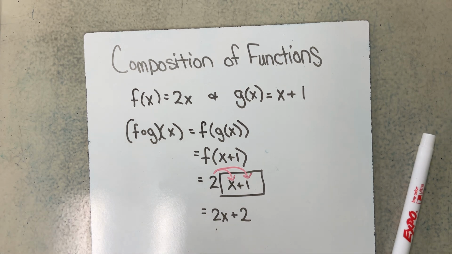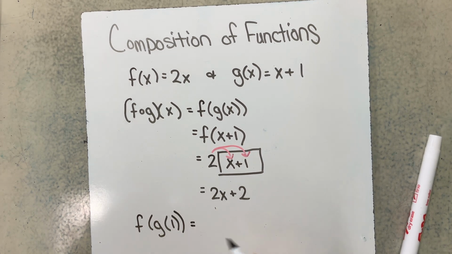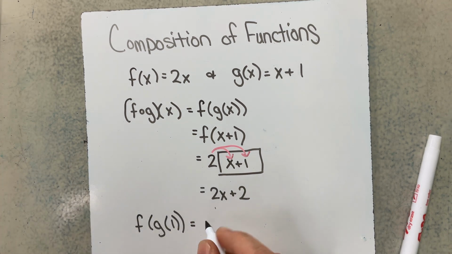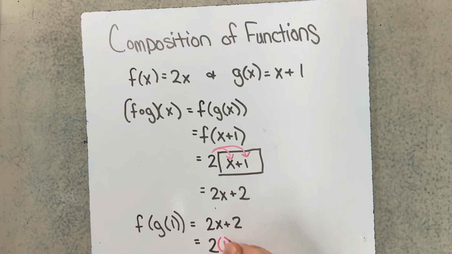Now, they could also ask you to solve for that. Let's say I'm going to continue with this problem. Let's say f of g, but instead of x, I want you to plug in 1. We've already done the f of g of x. We found it was 2x plus 2, but in place of the x, we're going to fill in the 1.